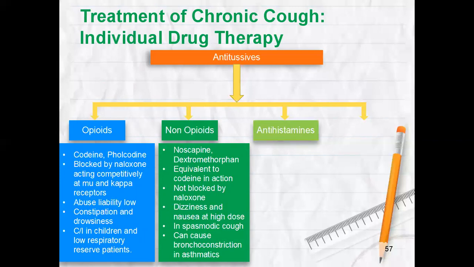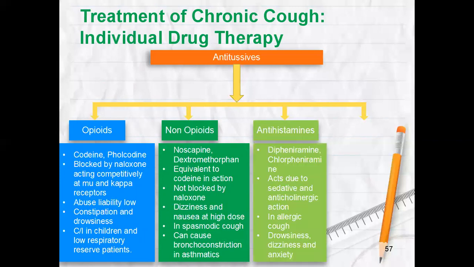The next group of drugs that we would like to talk about is antihistamines. These include first-generation antihistamines, also known as sedative antihistamines, which include diphenhydramine and chlorpheniramine. These act due to their sedative as well as anticholinergic action, and they are mainly preferred in allergic cough.